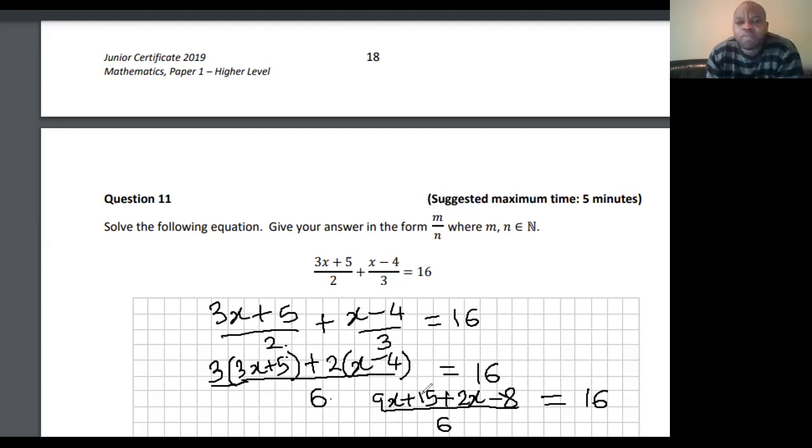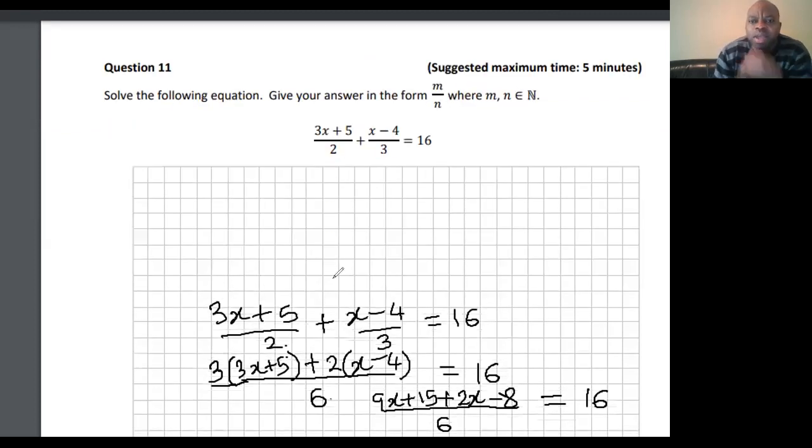Now, what you do next is tidy up the one at the top. I'm going to scroll down so that I can continue from the top and manage my space. 9x plus 2x gives us 11x. 15 minus 8 is 7.